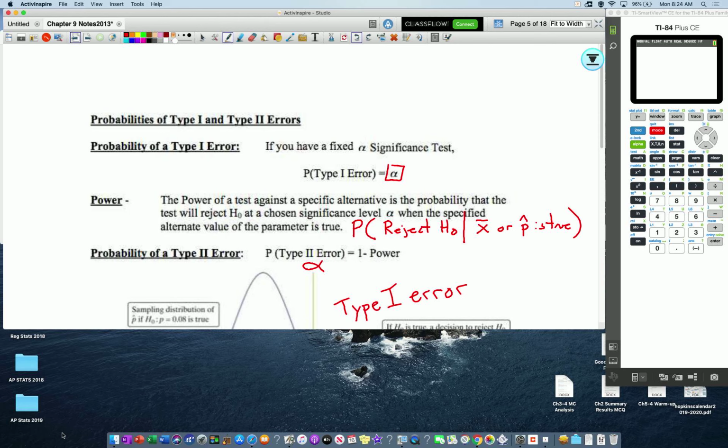So I'm going to flip back to this page, and that's the probabilities of type 1 and type 2 errors. Now, when calculating the probability of a type 1 and type 2 error, the probability of a type 1 error is really easy to calculate because it's actually given to you. It's whatever alpha is.